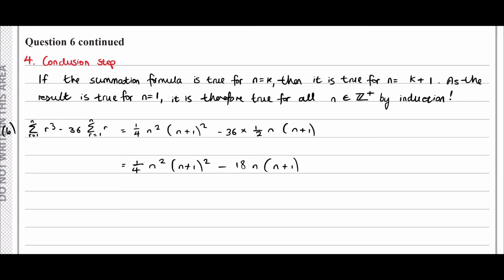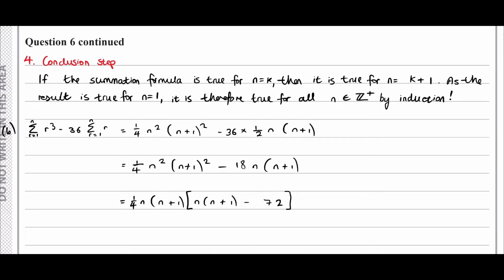We can take out 1/4 n lots of n plus 1 as a common factor, and then inside the bracket we have n lots of n plus 1 minus 72, because 1/4 times 72 gives the 18.